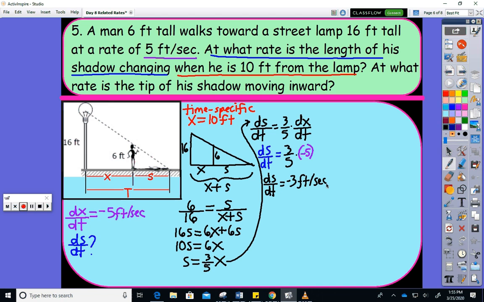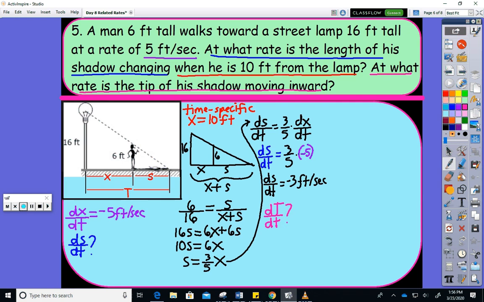So now I'm going to go to part 2 of the question, which says, at what rate is the tip of the shadow moving? Now, the tip of the shadow would be measured by capital T. So now I'm trying to figure out a dT/dt problem.